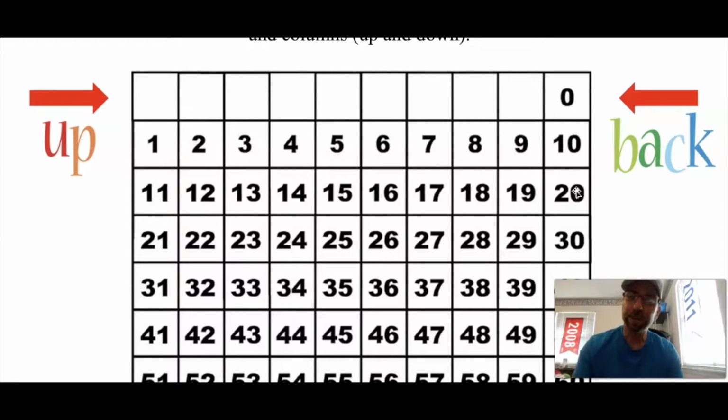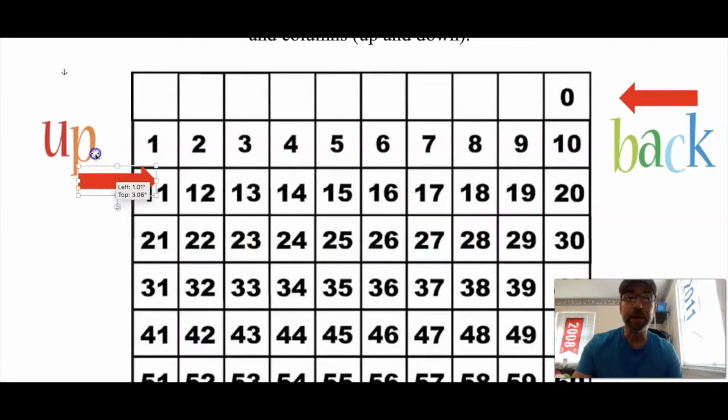But one of the cool things about a number grid is that I can still go up. When I go up on a number grid, I'm going across to the bigger numbers. Like I'm counting. 1, 2, 3, 4, 5, 6, 7, 8, 9, 10, 11, 12, 13, 14, 15, 16, 17, 18, 19, 20.